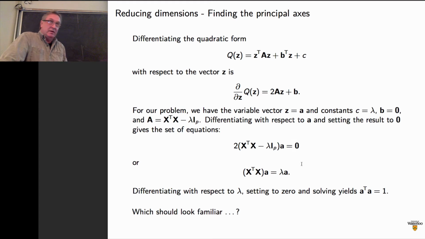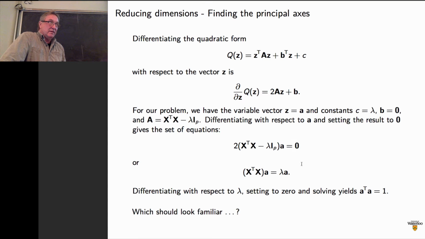Does that look familiar? Can anybody tell me what the solution a is? The eigenvector. And what is lambda? The eigenvalue. Here's your definition of eigenvectors and eigenvalues.